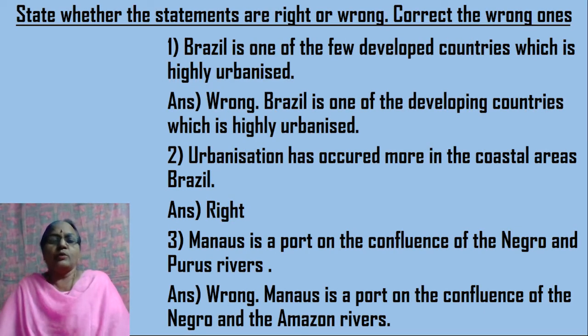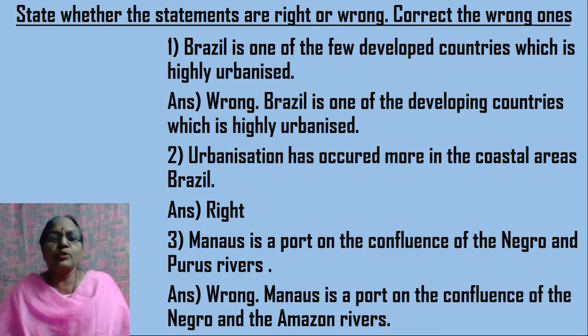Now here we have a small activity for you. State whether the statements are right or wrong and correct the wrong ones. The first one. Brazil is one of the few developed countries which is highly urbanized. Children, you'll have to say whether it is right or wrong.